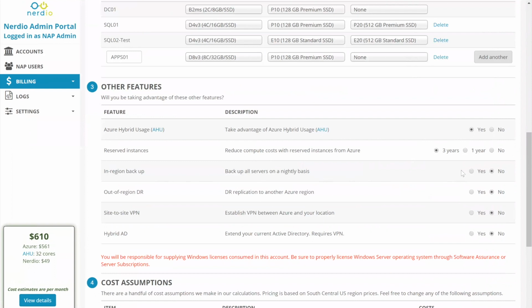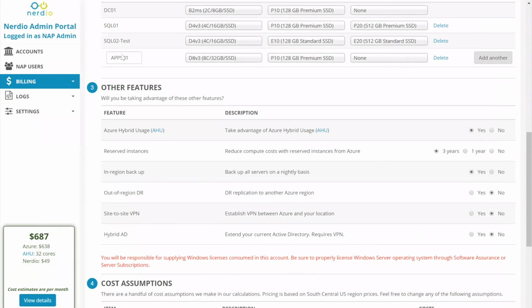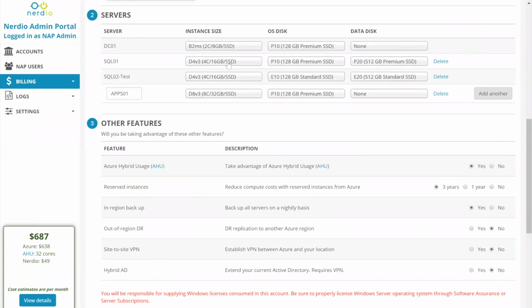The next option is in-region backup. You can turn it on or off. By default, it's no. We can set it to yes. What this does is it calculates the cost of backup, making the following assumptions. First of all, it's going to back up each and every server in this list. So there's a backup license fee that's associated with each server based on how much storage that server has.